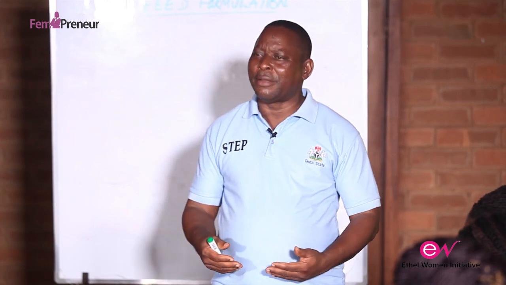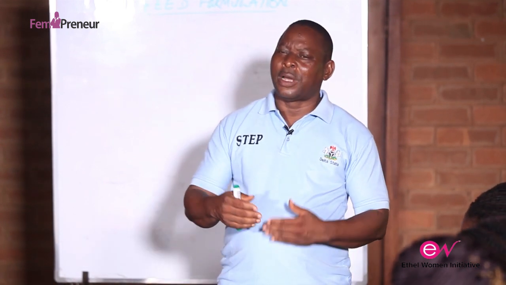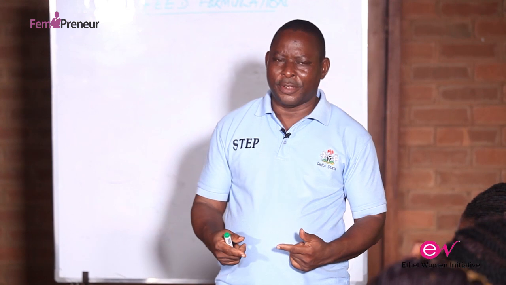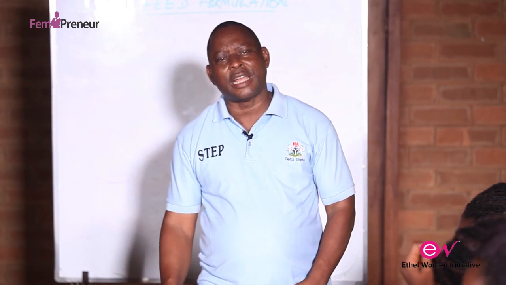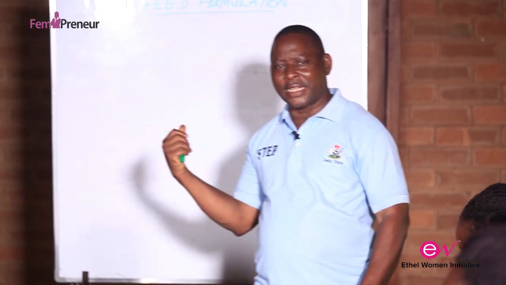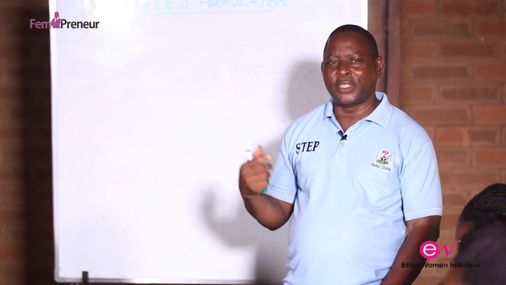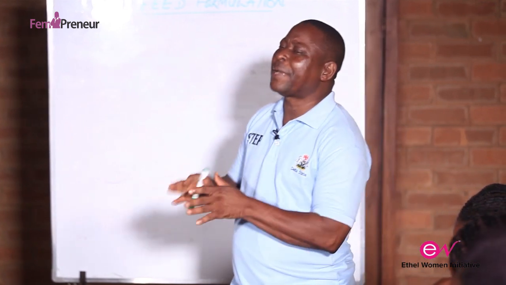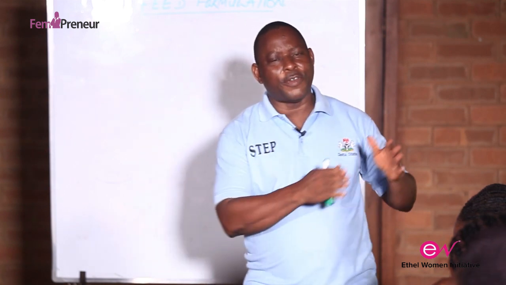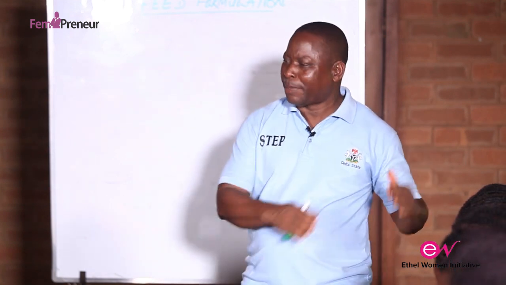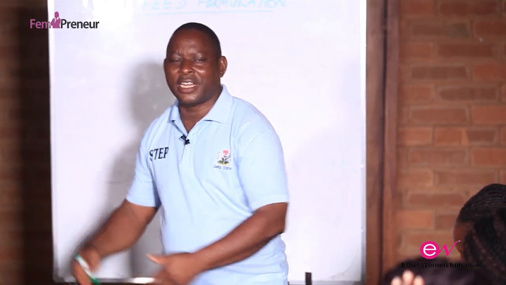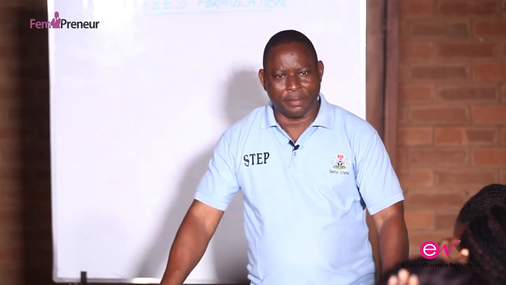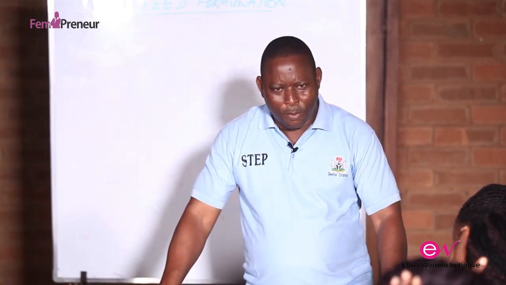Why not use them to act as an alternative to some of these common ingredients that we use? So he's working on that in the lab there. He will come up with his result, and if the result is okay, instead of us going for expensive maize or going for expensive this particular raw material, we just cut guinea grass and begin to use them. I hope I'm communicating.